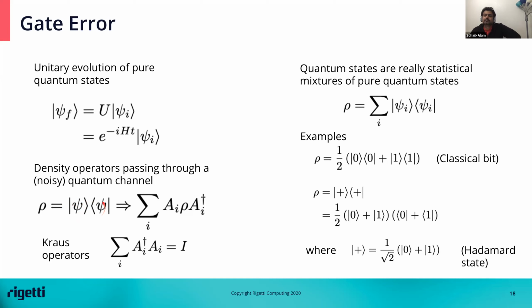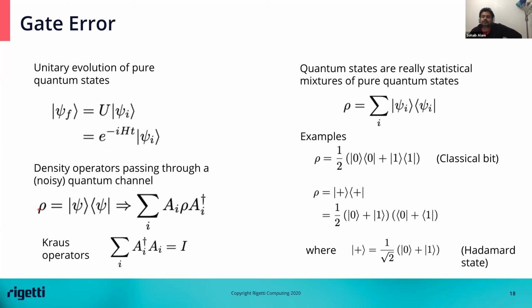A column times a row vector should give you a matrix, and a matrix in this representation is an operator, because it could operate on some other quantum state psi and produce another quantum state. That's why we call these things density operators and not density states, because strictly speaking, in this particular Hilbert space, they act as operators. Nevertheless, these are operators that really define the state of some quantum system.